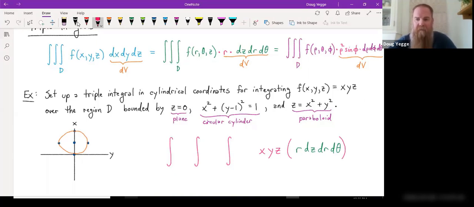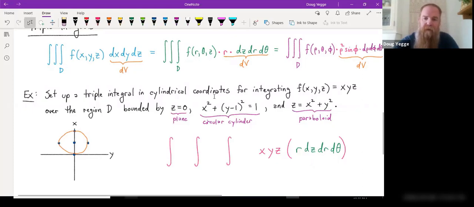mainly because thetas, you always want those to be constant values. Z, those are the functions, the surfaces that are going to be bounding this region on both the bottom and the top. And typically r is going to be a function of theta. And so this is normally the order in which you want things to be, all right?